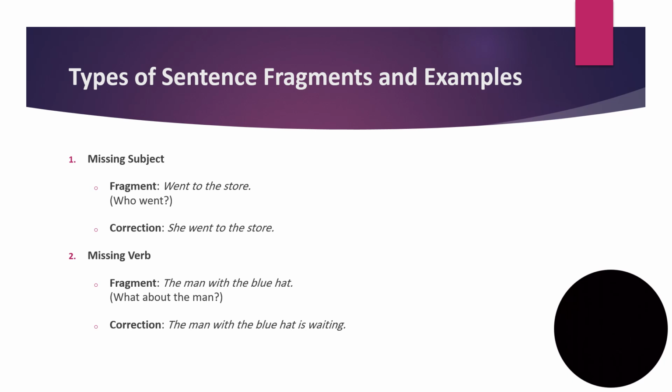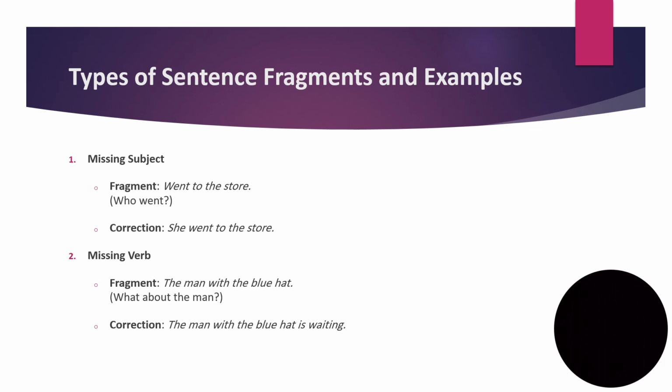First, we have missing subject. So here the fragment is went to the store. Who went? Correction, she went to the store. So here we have added the subject, she. Second, the missing verb. The fragment here, the man with the blue hat.